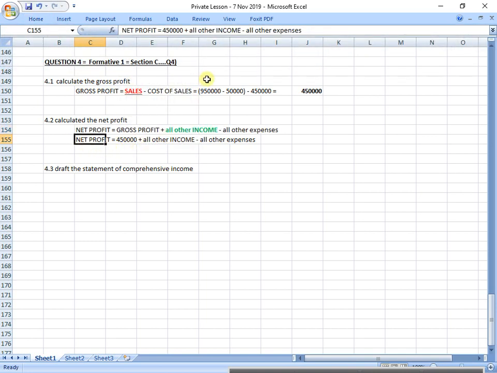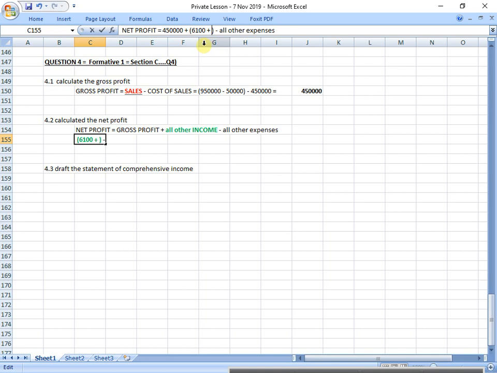Okay, so now there's something that you need to look at. Do you know which of them are income and which of them are expenses? So, go to the list, give me all the income. The first income is commission income. Yes, how much? It was 6,800 rand. Good. What else? We have discount received. Discount received is income. How much?